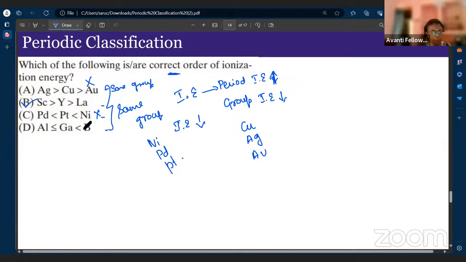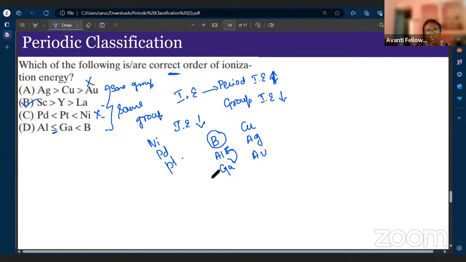And aluminium, gallium, boron: boron will have the maximum. And gallium and aluminium, they have given less than or equal to, that is, gallium is more than that of aluminium.